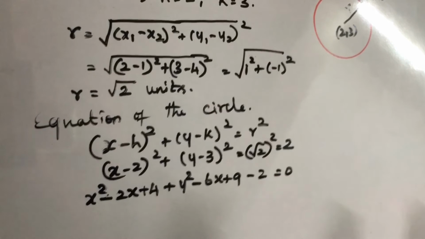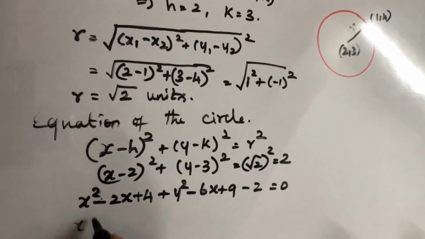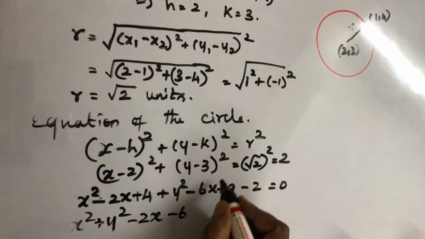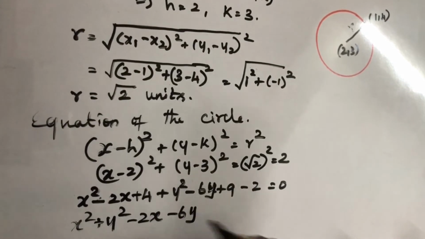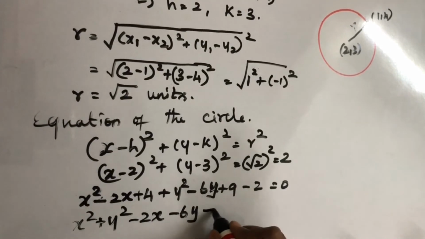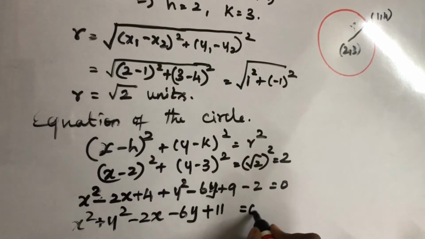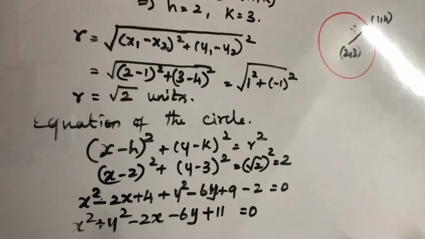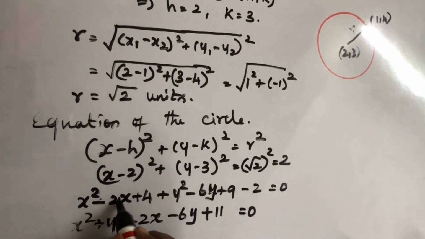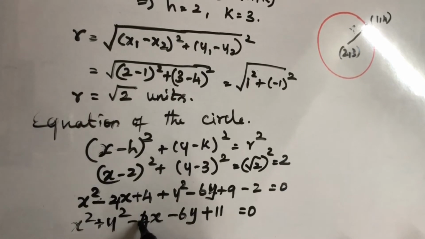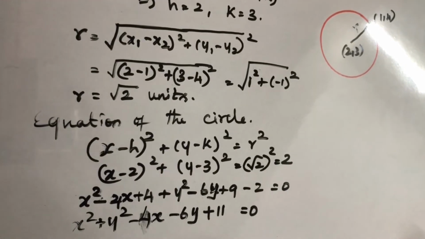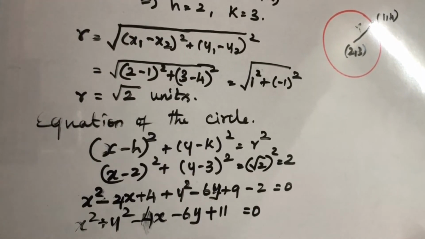I bring 2 to the opposite side: x square plus y square minus 4x minus 6y. So 4 plus 9 is 13, 13 minus 2 is 11. So plus 11 is equal to 0. So x square plus y square minus 4x minus 6y plus 11 is equal to 0, and it is the equation of the given circle.